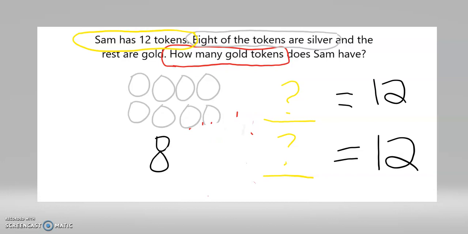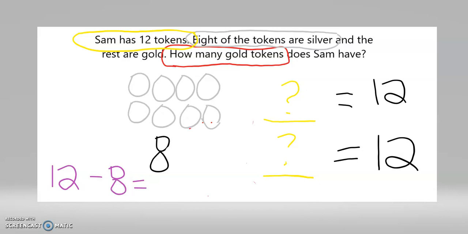What we could also do, though, is set this up as a subtraction question. All right. So to find the difference between 8 and 12, we can set it up, again, using our knowledge of fact families. 12 take away 8.